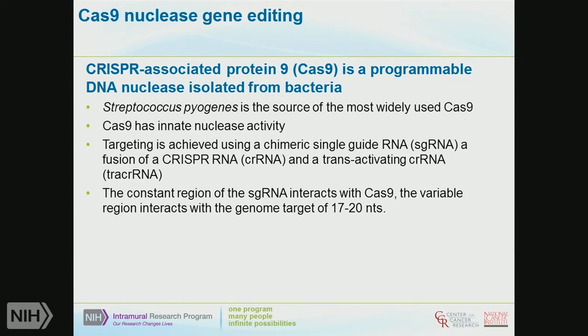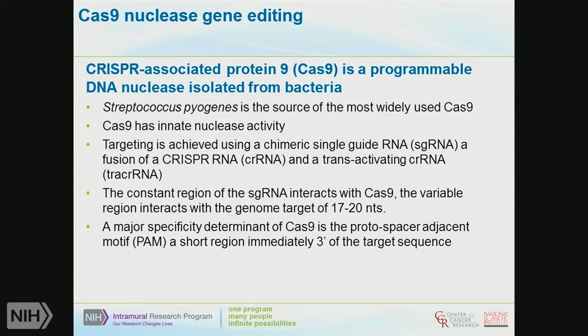The constant region of the sgRNA interacts with the Cas9, and there are defined sequences that are available and really well being sold now as a de facto sequence. The variable region is what is going to target the genome. That's the bit you have control over. That's the part you're going to use to edit your particular sequence of interest. The genome target is usually 17 to 20 nucleotides. So again, still very small real estate as a consequence.